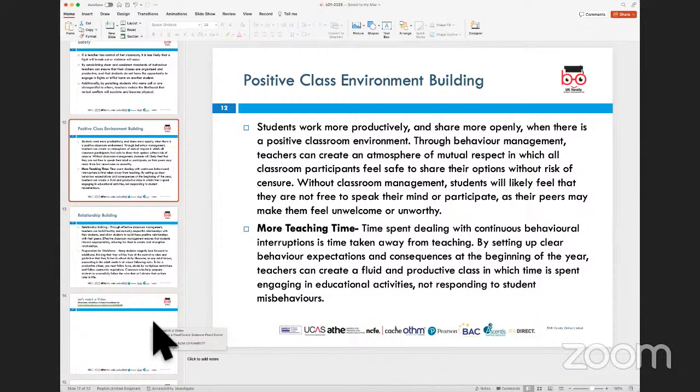And this, if it is done by balancing the use of resources, ensuring that the activities being carried out are meeting individual interest and levels of the different caliber and level of the students in the class, would also allow the teachers to reduce misbehavior and also increase motivation in the classroom. So this generally tends to be one of the key aspects of looking at building a positive classroom.